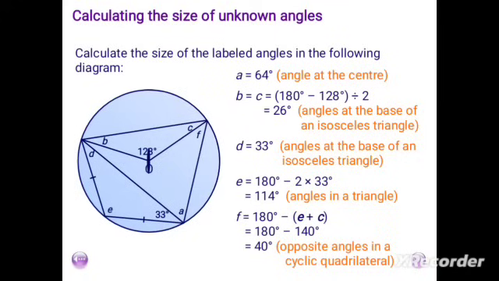So to get F, we'll take 180 degrees minus E plus C. That will be 140, and therefore the value of angle F is 40 degrees, with the same reason that opposite angles in a cyclic quadrilateral add up to 180 degrees.